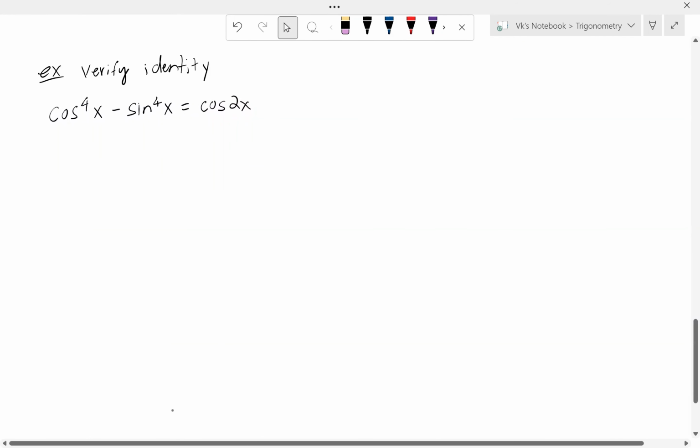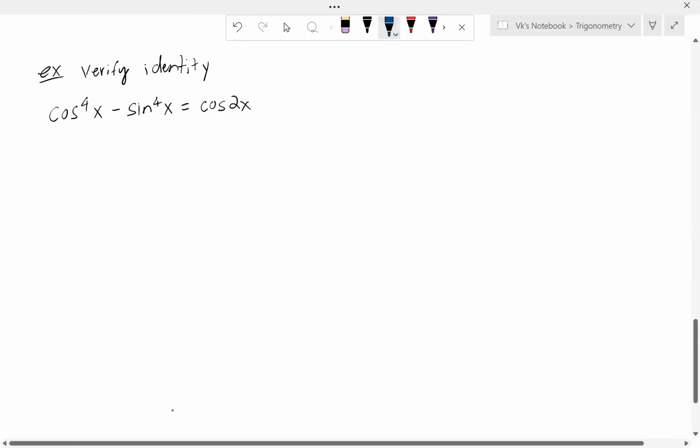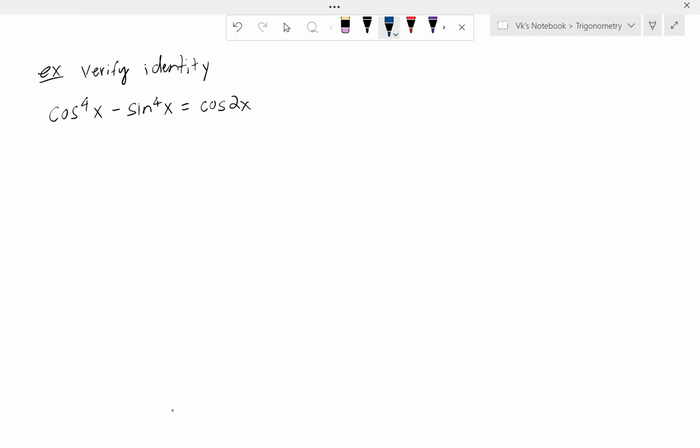Second example, verify the identity cosine to the 4th x minus sine to the 4th x equals cosine 2x. Oh, pretty cool identity. Well, it looks like we can simplify cosine to the 4th minus sine to the 4th by factoring. So work it out and show that it is exactly cosine 2x after all the simplifying.